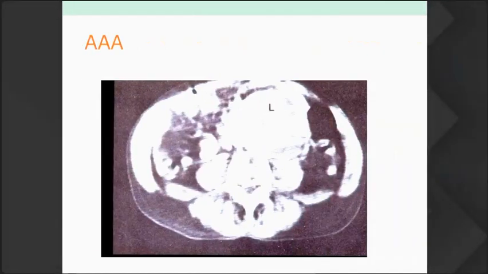Sometimes there are specific indications to do a CT scan, especially in patients complaining of severe abdominal pain with hypotension, or severe abdominal pain with malignant hypertension, then becoming hypotensive, especially in cases of acute abdominal aortic aneurysm. There is an increase in the diameter of the aorta, with impending rupture.